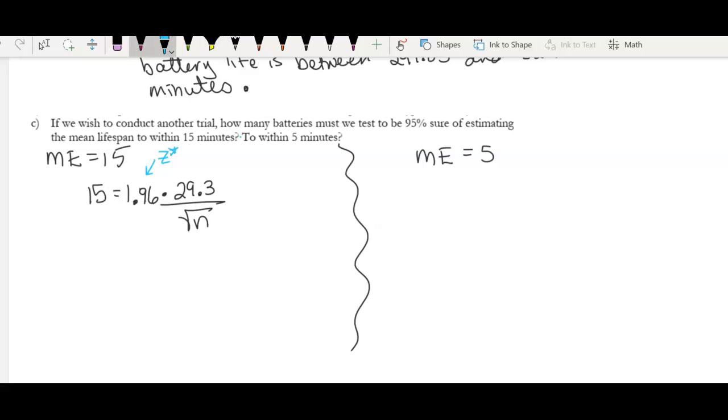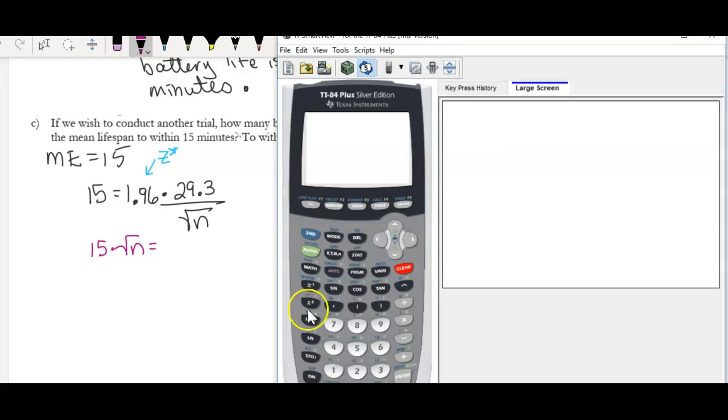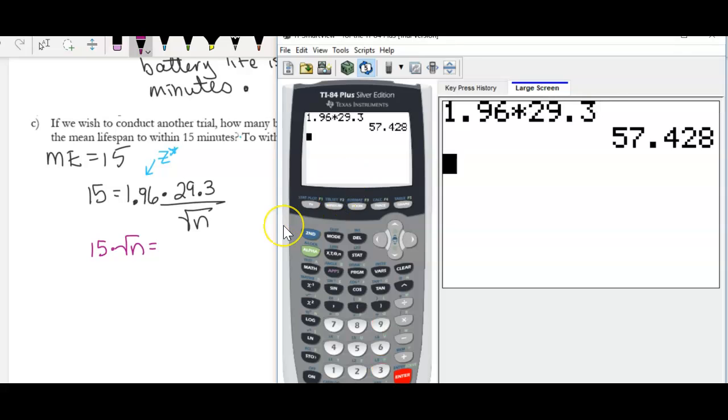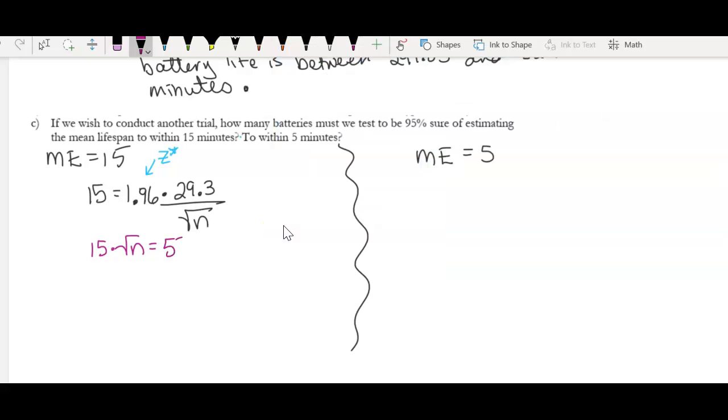Okay, so we're going to solve that problem by multiplying out, and so I'll get 15 times the square root of n is equal to 1.96 times 29.3, which is 57.428.